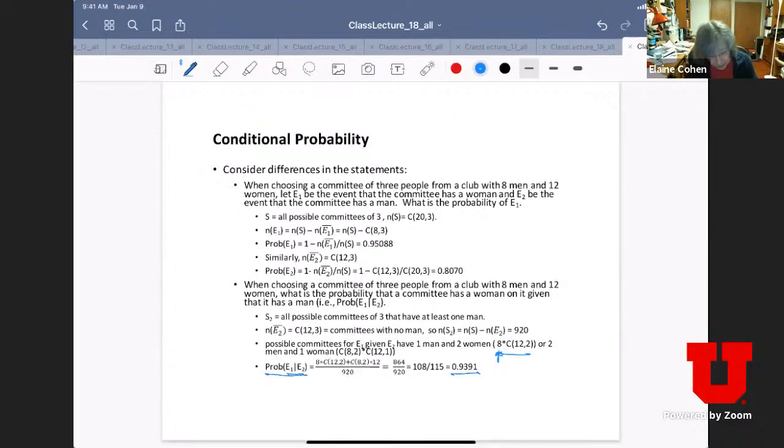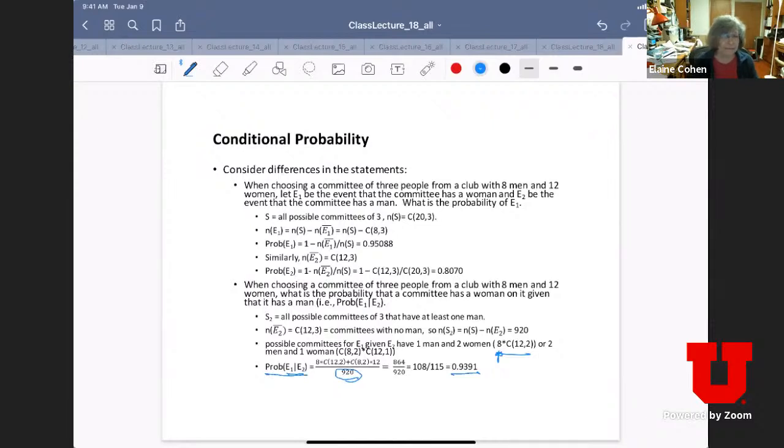Okay, notice our sample space in this case is not the original whole sample space. The sample space changes because we're assuming that we're given that there's at least one man on the committee.